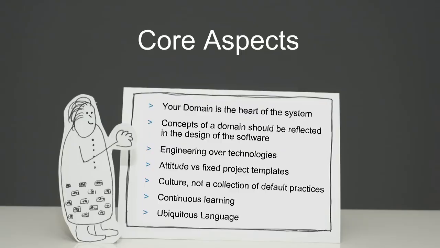Now, in my eyes, the core aspect that you should be aware of when you're dealing with DDD is that the heart of the system should be your domain, and you want those concepts being reflected in the design of the software. And yes, this is a Spring Pivotal webinar series, but it's not about specific technologies.